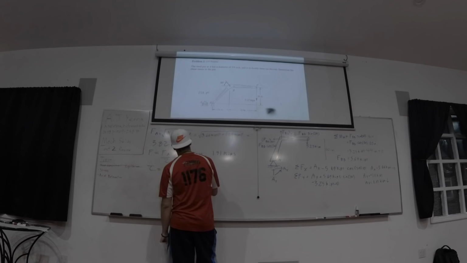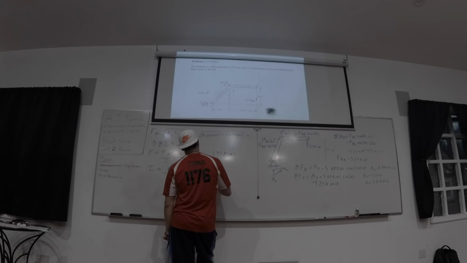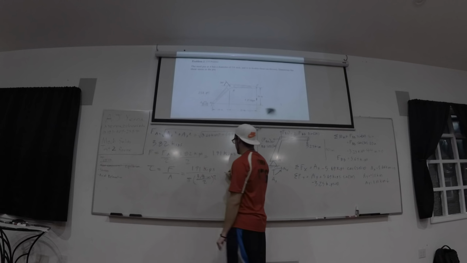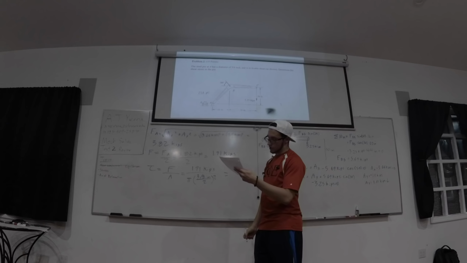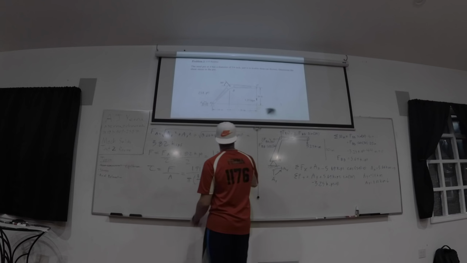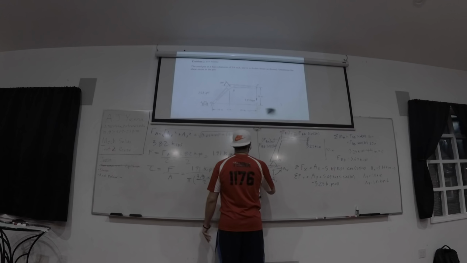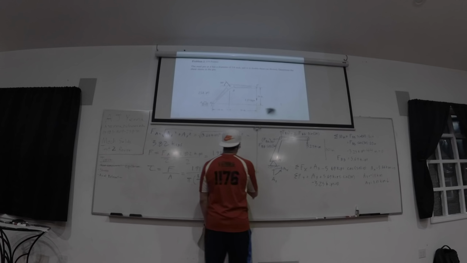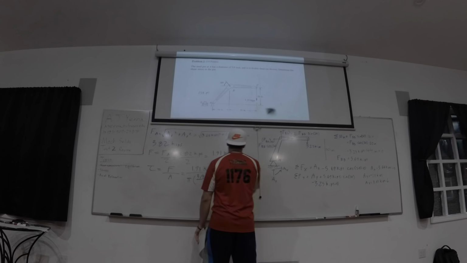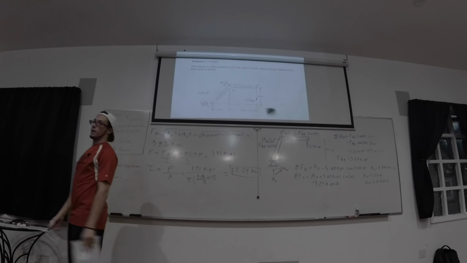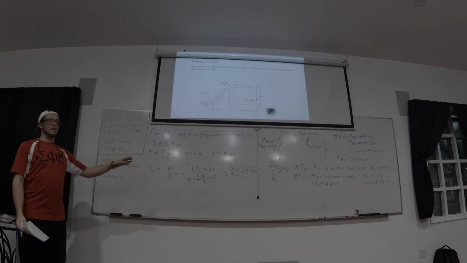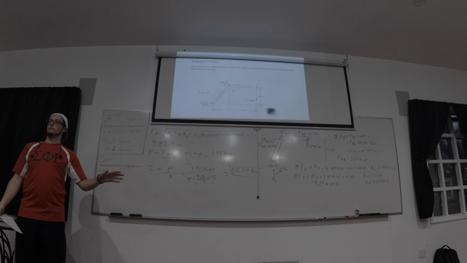So area is pi r squared, with r equal to d over 2. Plug that in, and the shear stress at that point is 17.29 KSI, kips per square inch. And that's the whole problem. Any questions on any part of it?